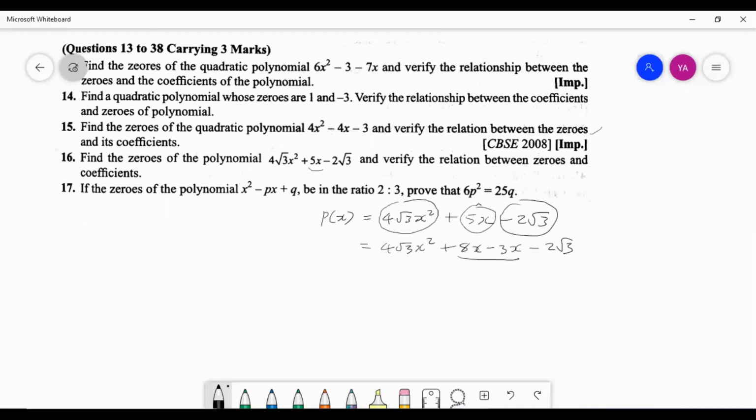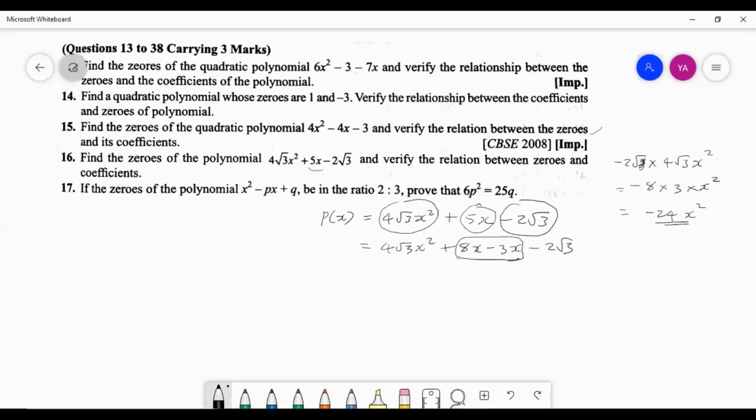And minus 2 root 3 into 4 root 3x square also gives minus 24x square, since 2 into 4 is 8, root 3 into root 3 is 3, so minus 8 into 3 into x square is minus 24x square. So this is the choice. You can split 5x as 8x minus 3x. Then you continue, and you will get the solution.